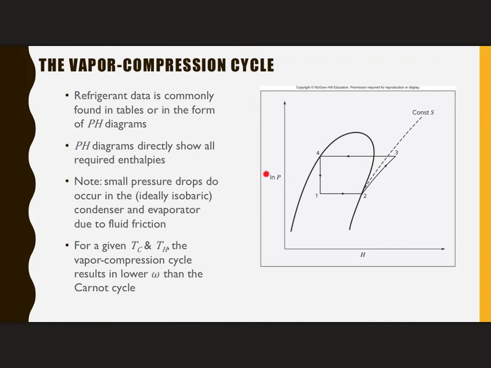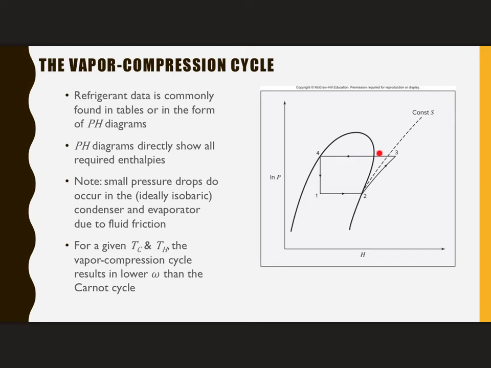It's usually actually the log of P, which means the scale is not linear, so be sure you're reading it carefully. So P versus enthalpy, and they'll do this for a series of different temperatures and a series of different entropies.